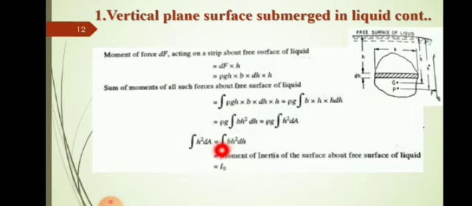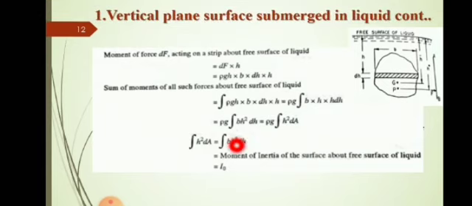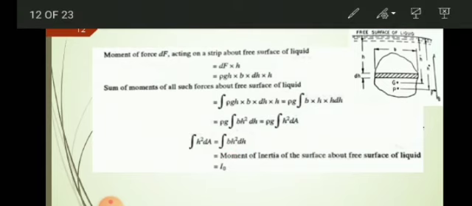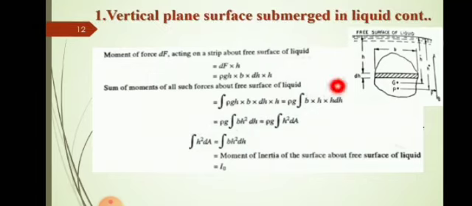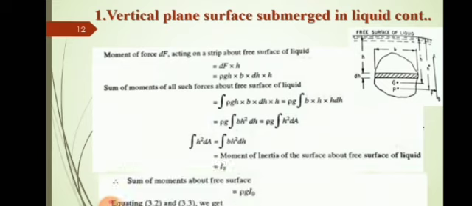So this integral is the moment of inertia of the total surface about the free liquid surface, or in other words, you can write it as I naught. Moment of inertia, you have already learned in the previous semester. So this can be marked as I naught. Integral h square dA is nothing but I naught.